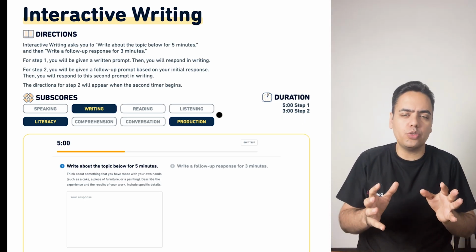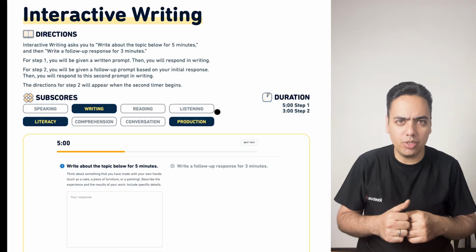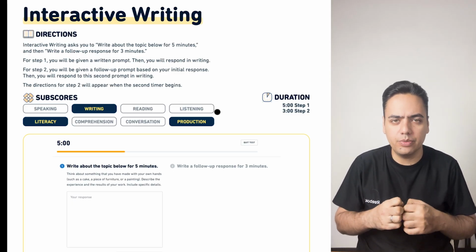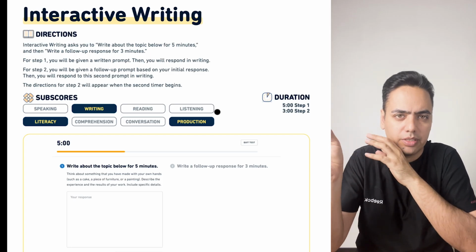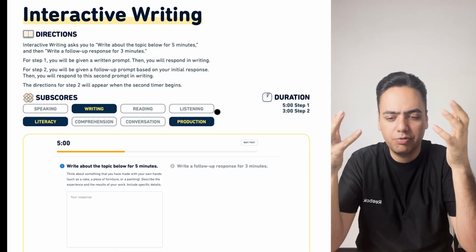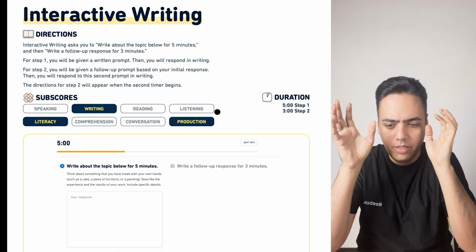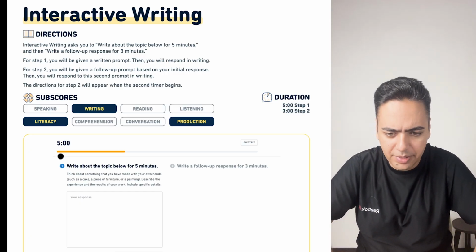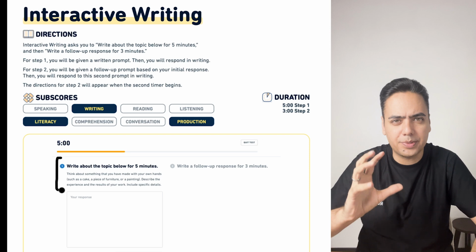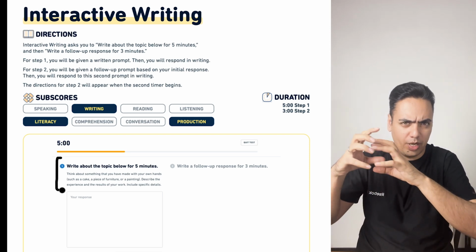A lot of people are usually worried about the number of words, but what I recommend is to forget about the number of words, because focusing on the number of words will distract you from the main purpose of this part. So you have some instructions, a prompt. Look at the prompt here. The prompt is asking you to describe something, to write about something.